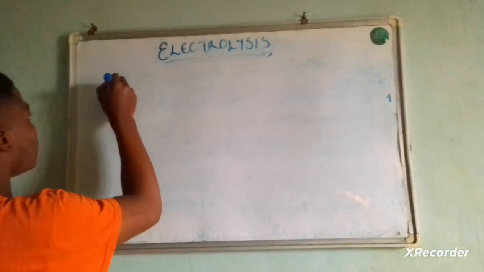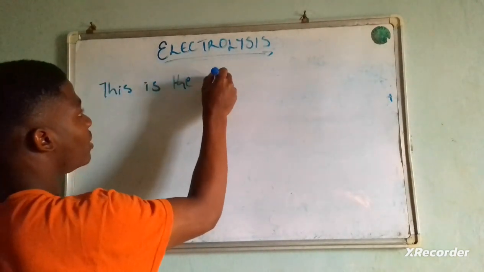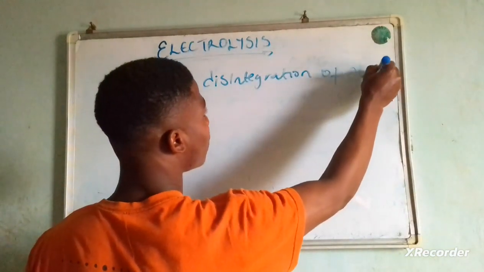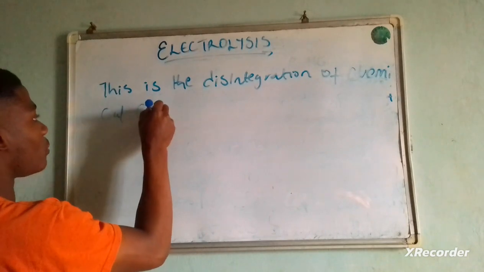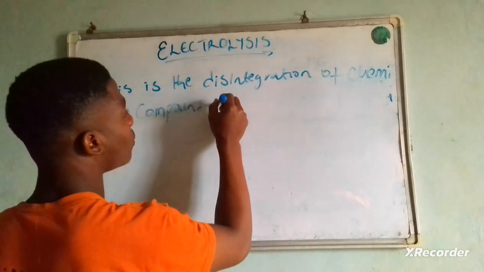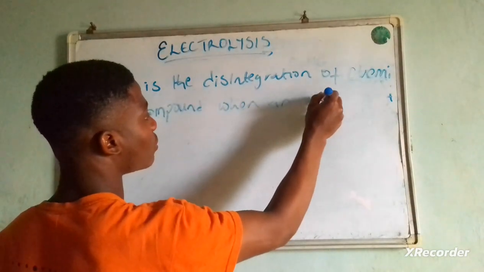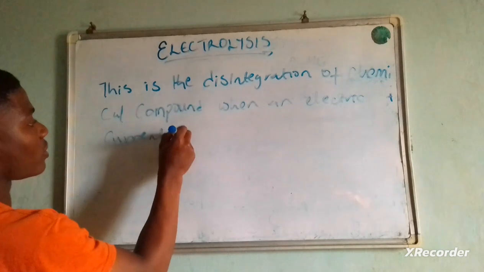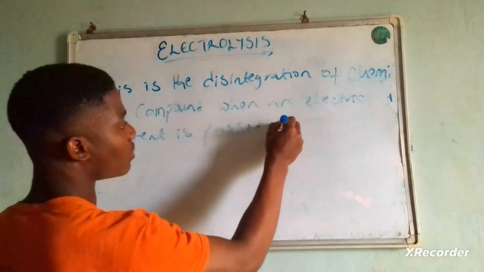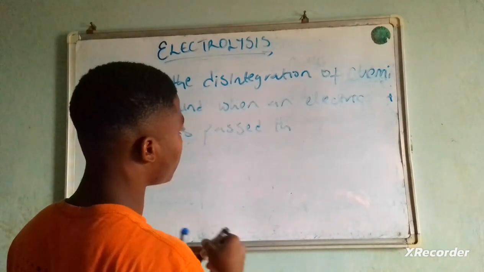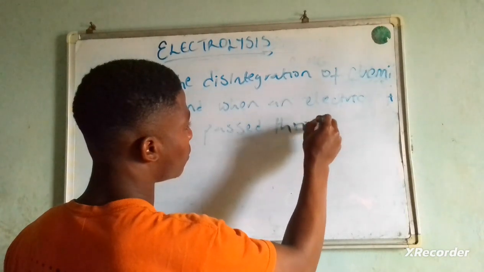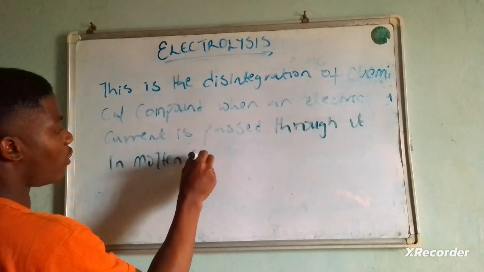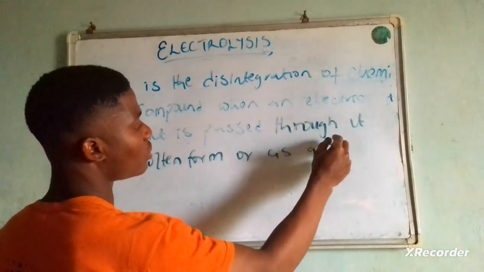This is the disintegration of chemical compound when an electric current is passed through it in molten form or as a solution.